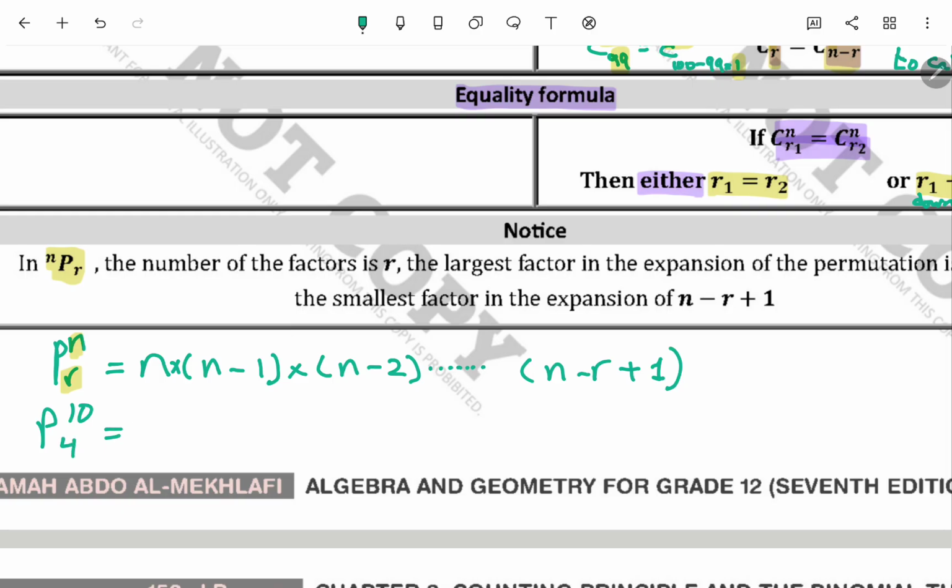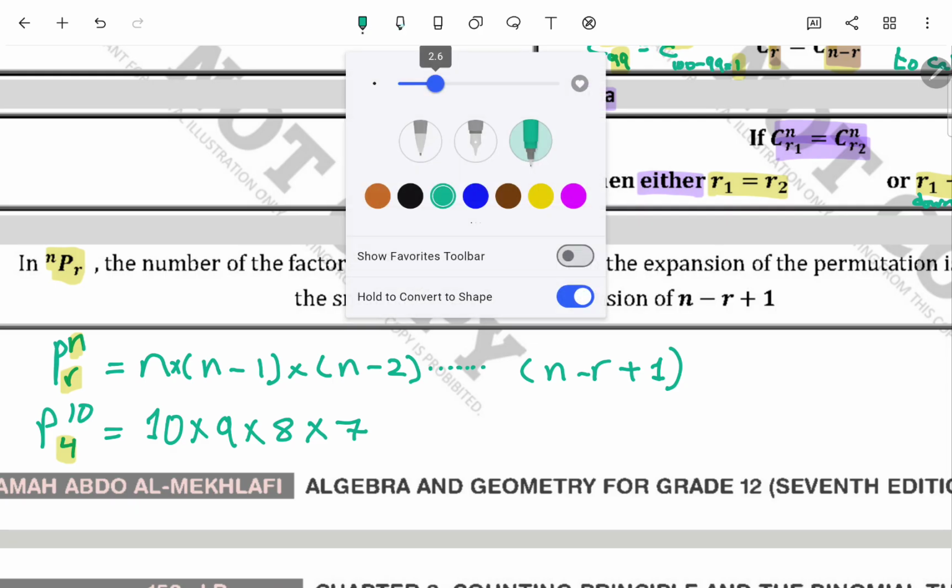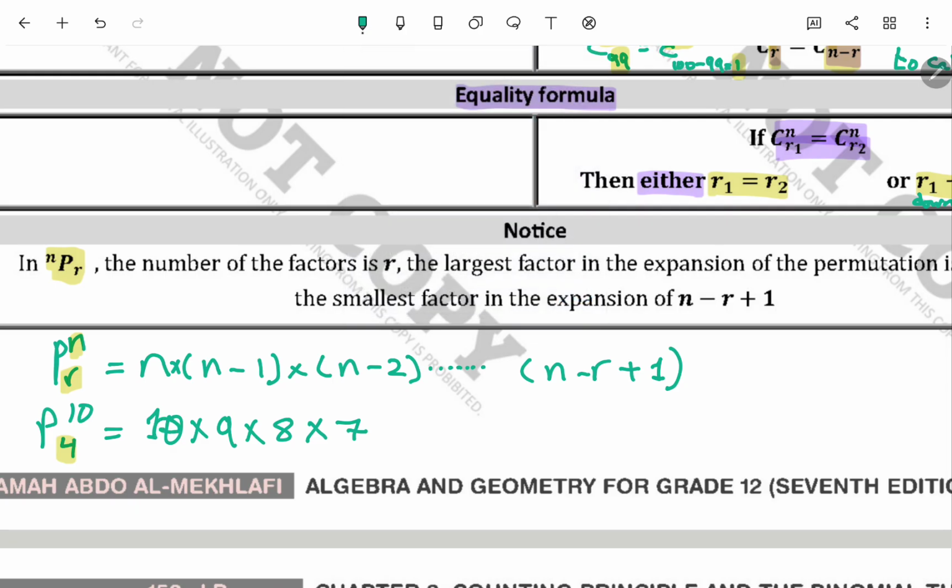Let's do it. We can write now 4 factors, which start with 10, then 9, then 8, then 7. These are 4. This is the first one, and this is the last. This is the first factor, which is the largest factor.